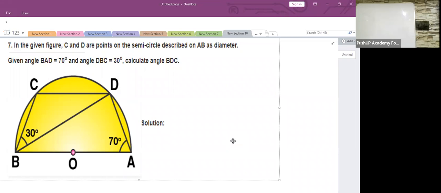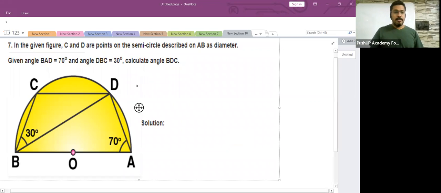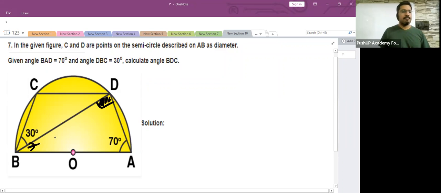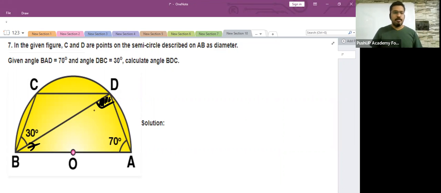In that case, how much will be this angle DBA? 40. Sandra, if this angle is 90 degrees, how much will be this angle? 20 degrees. Very good. How many of you got that? Everyone got it? Good job.